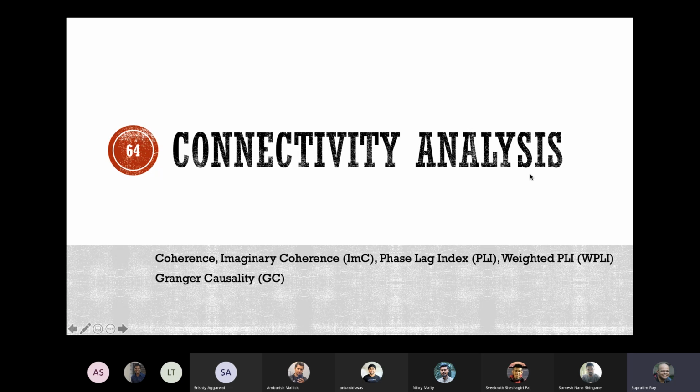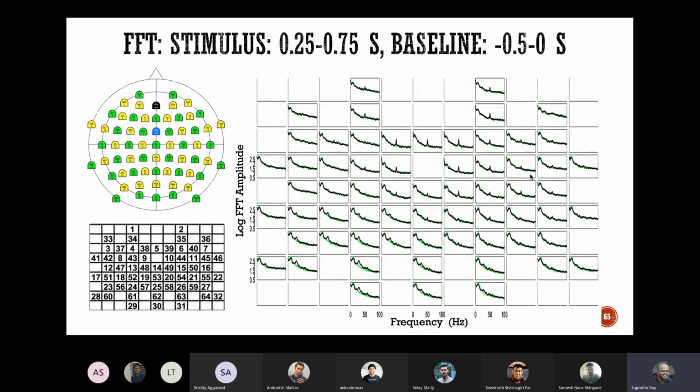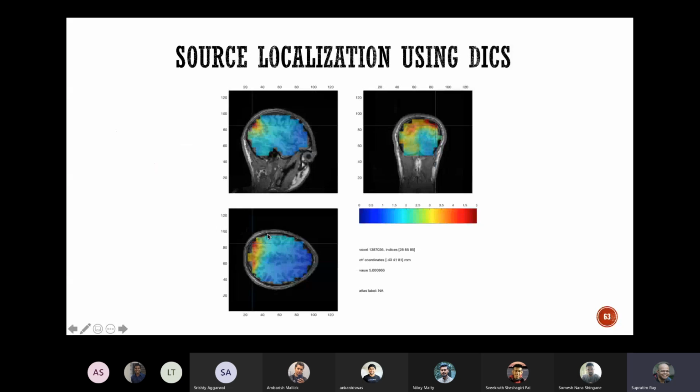Okay, so this is related to the question of where the gamma sources are. That was the previous question, to which we did source localization and all that. Now another question could be: there's a gamma source here and maybe certain other sources somewhere.